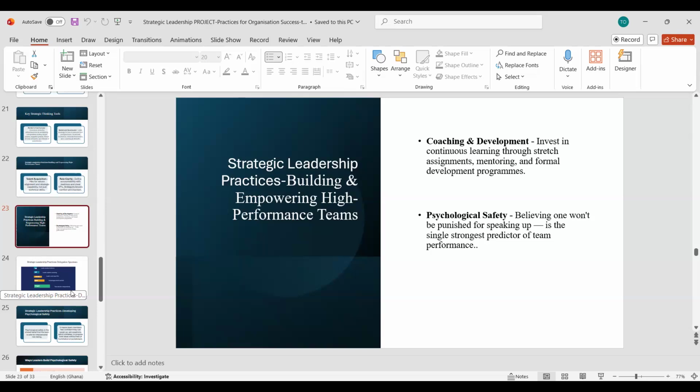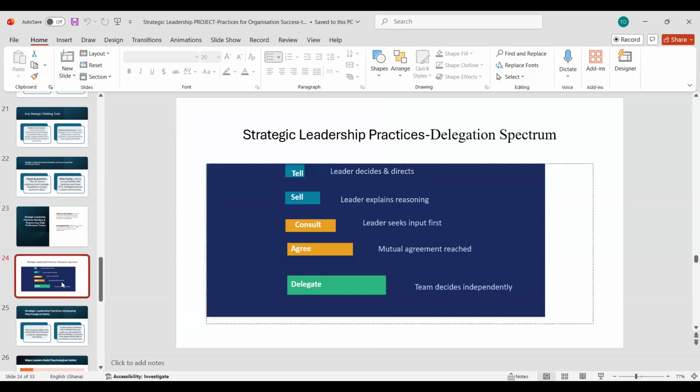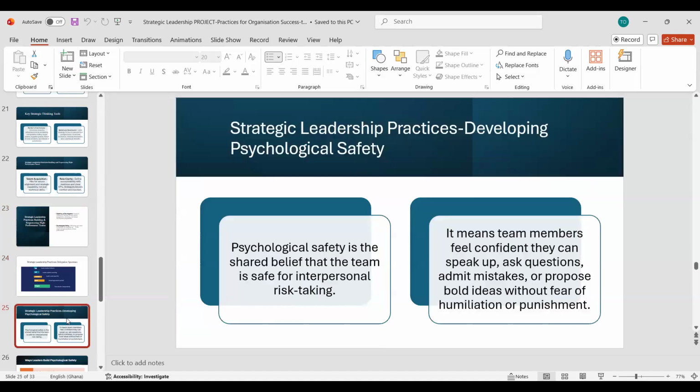And every strategic leader, as I said earlier on, it's best to co-create. So if your objective is to co-create, as the process owner, you need to make people feel psychologically safe. Let me skip this one and move straight to developing a psychologically safe environment.